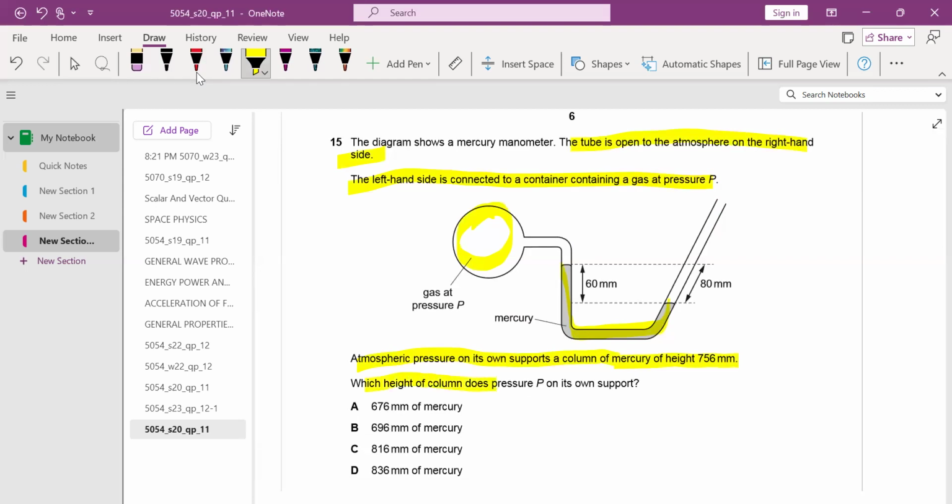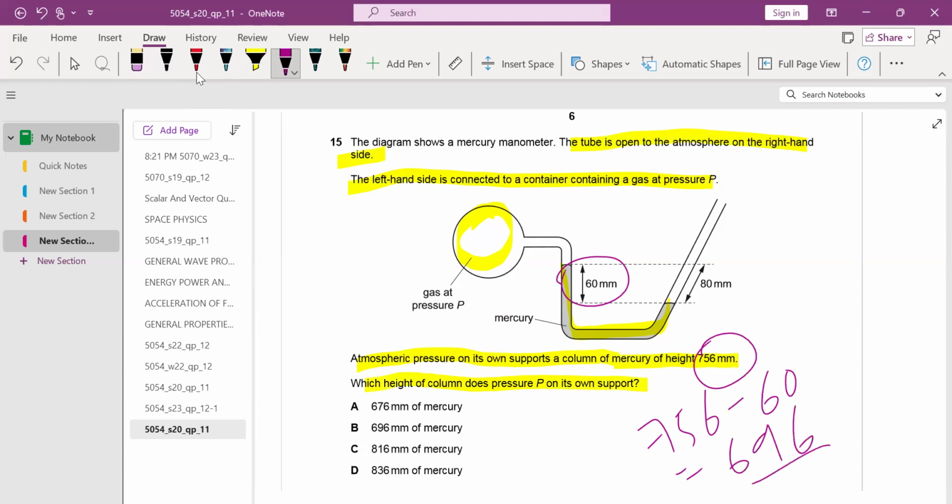What height of the column does pressure P support? So what you have to do is see the height at the pressure P, which is 60, and the height that is 756 minus 60 gives 696, which is option B. Option B for question number 15 is correct.